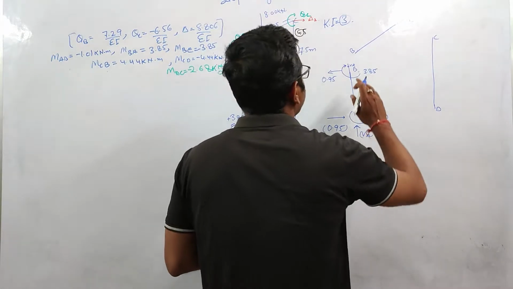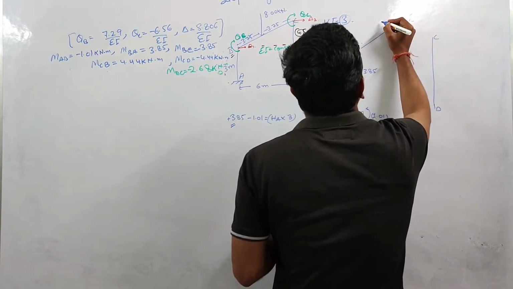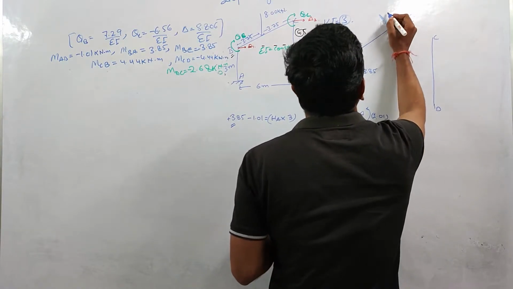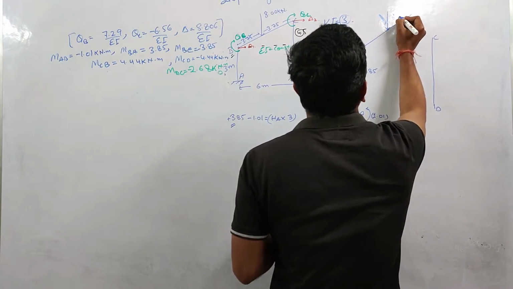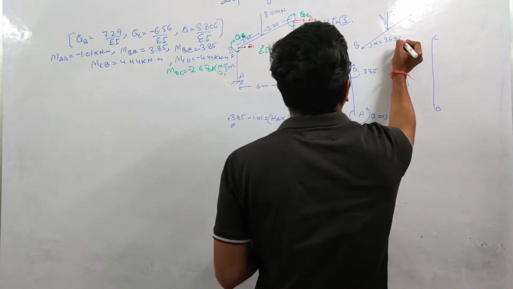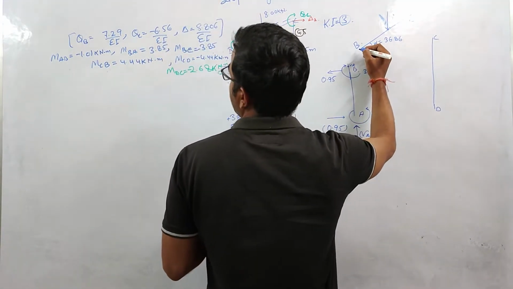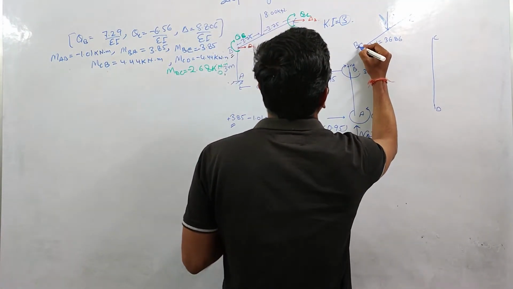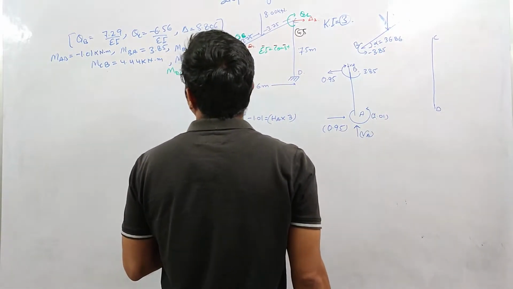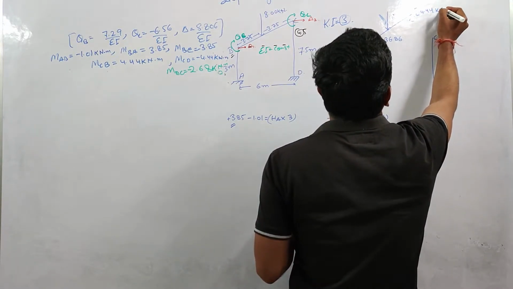Now you can see that at B, here I am having an 8 kilonewton load acting like this, and this angle, we know, is alpha, 36.86 degrees. The value of MBC is minus 38.5, and the value of MCB is 4.44 kilonewton meter.